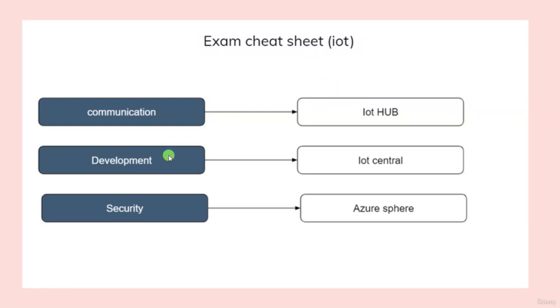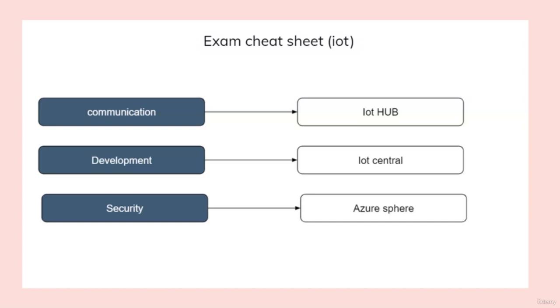If they want to do development, if they want to create the whole solution from scratch, the answer is IoT Central. If security is your main concern, if you want to make sure of the data coming from all the IoT devices you have deployed, then Azure Sphere is your answer.